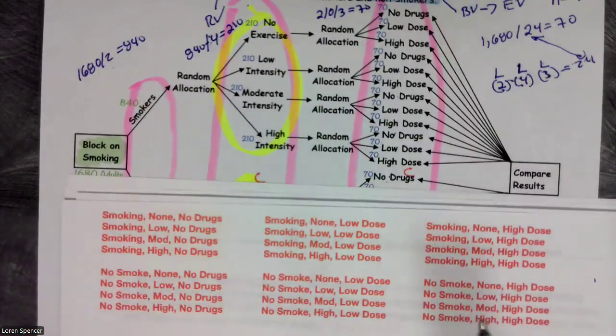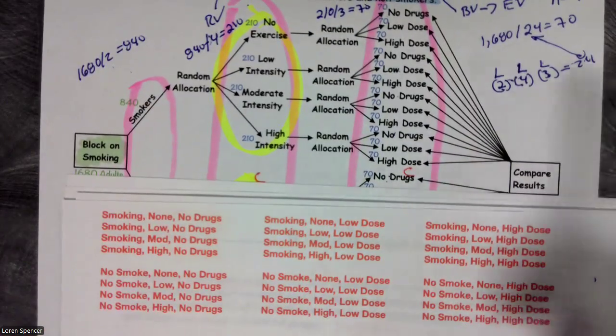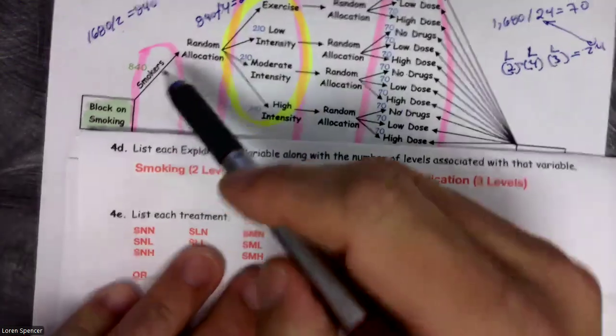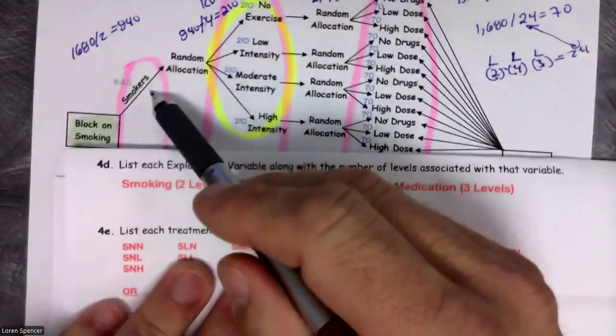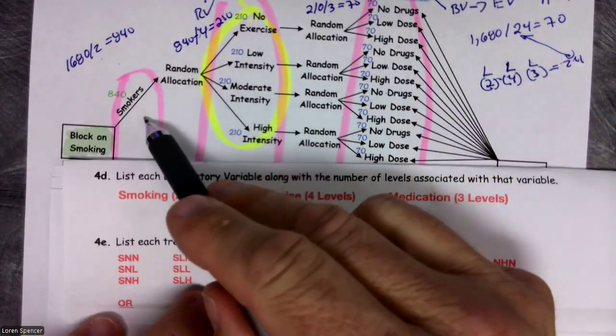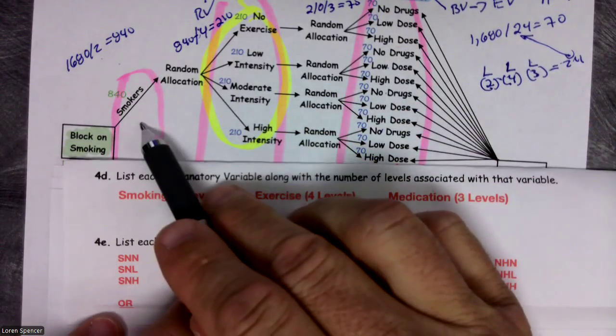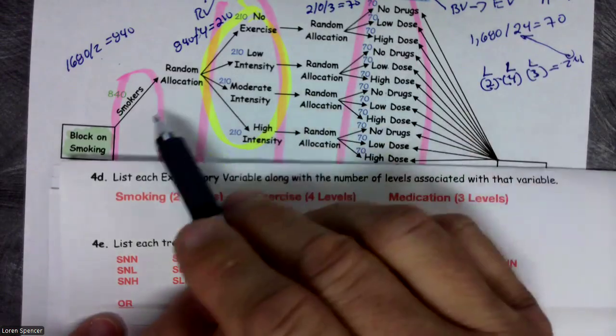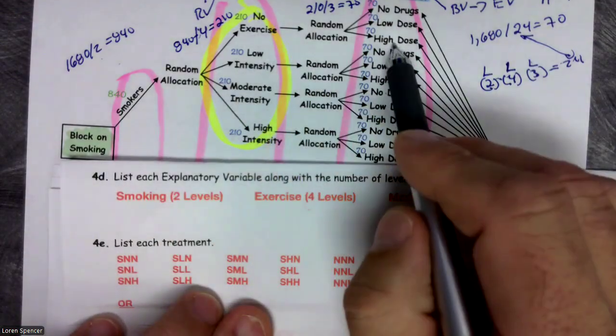Or we can abbreviate like this. And this is what I would highly, highly recommend just because of the amount of time, especially on a test. So let's look at smoking, no, no. Smoking, no, low. Then smoking, no, high.